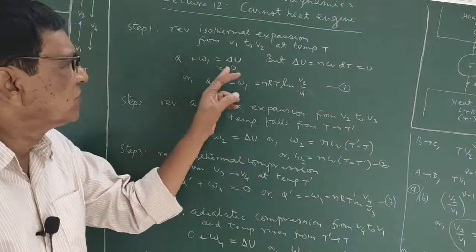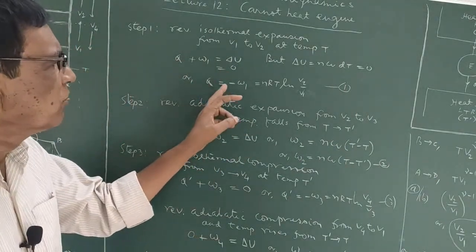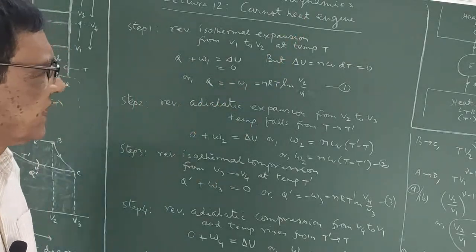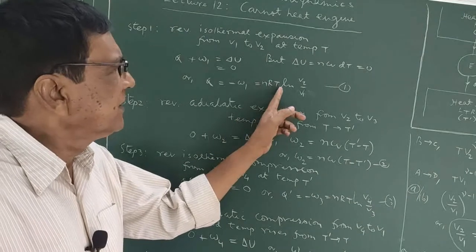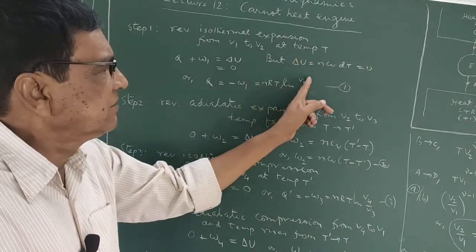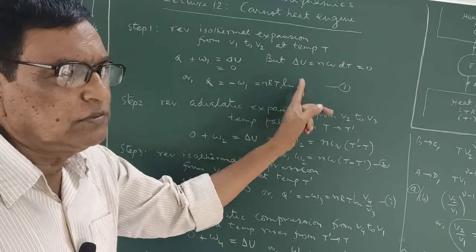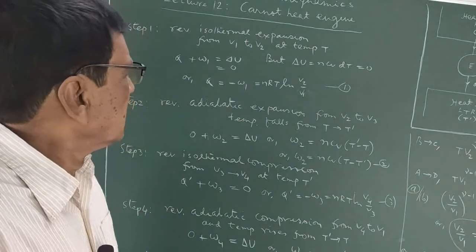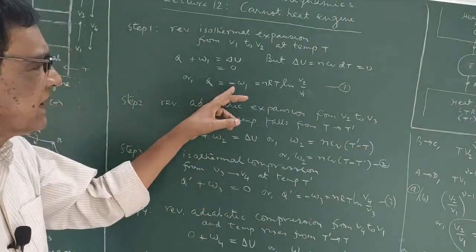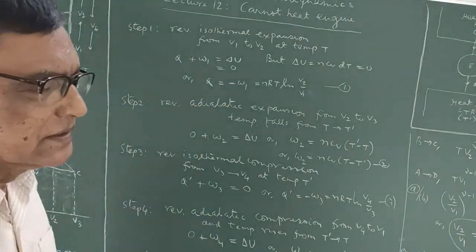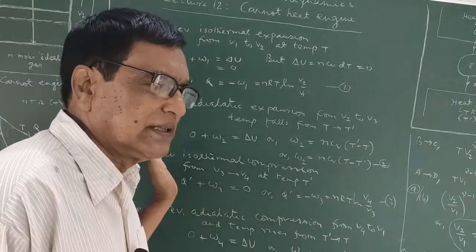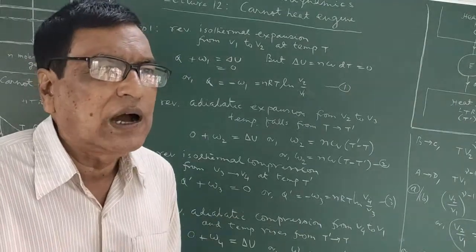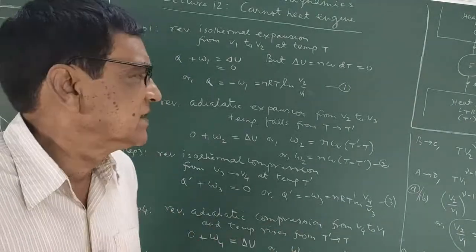So Q equals minus W1, which equals nRT ln V2 by V1, where V2 is the final volume and V1 is the initial volume. This is equation number 1. The minus sign appears because the system, the engine, is doing this mechanical work according to IUPAC convention.